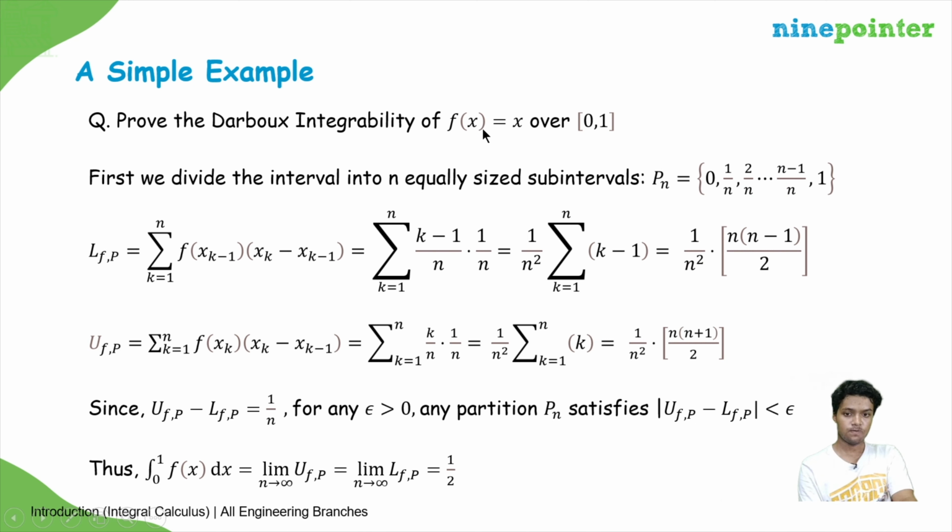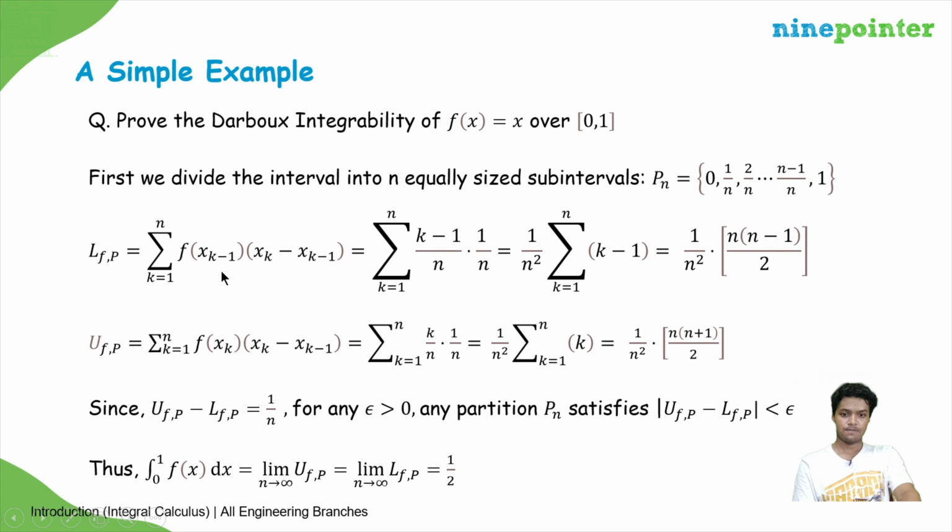Let us look at a quick example. If we have to prove the Darboux integrability of the function f(x) equal to x over the interval 0, 1. So like I said, first we have to divide the interval into n parts. Here we are taking all parts to be equal. So x_i will be i by n, and as i varies, we'll get different x_i. For i equal to n, the xn value will be 1.